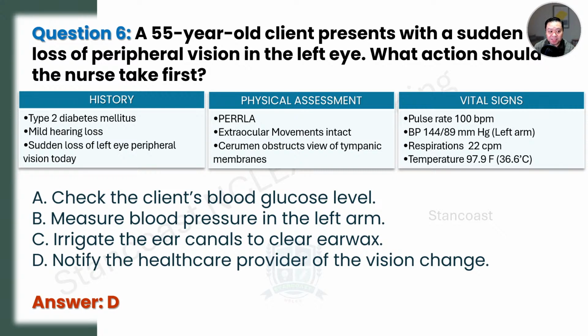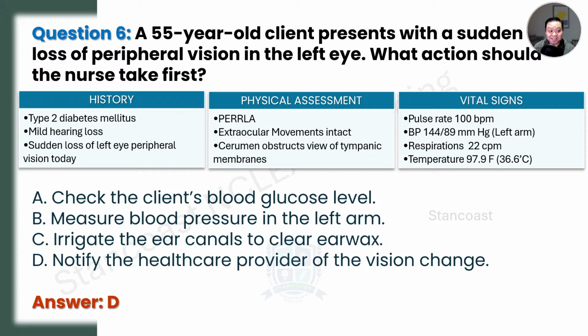Now, if you selected letter A, check the patient's blood glucose, it's important for a patient that may have diabetes, but the vision change that is happening is indicating retinal detachment. This is going to take much more priority in this scenario.